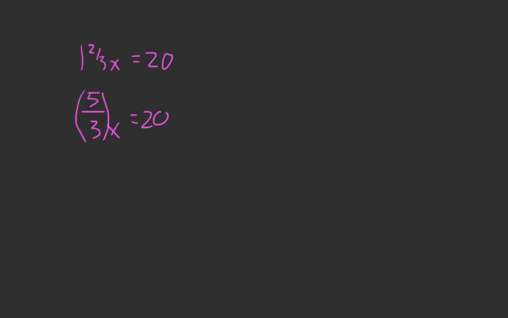Let's use a different color, shall we? Times by the reciprocal. And so that's 5/3, cancels out, and we times this by 3/5 as well. And we know from past experiences that when we have a whole number such as this, and we're timesing it by a fraction such as this, we only times by the numerator.